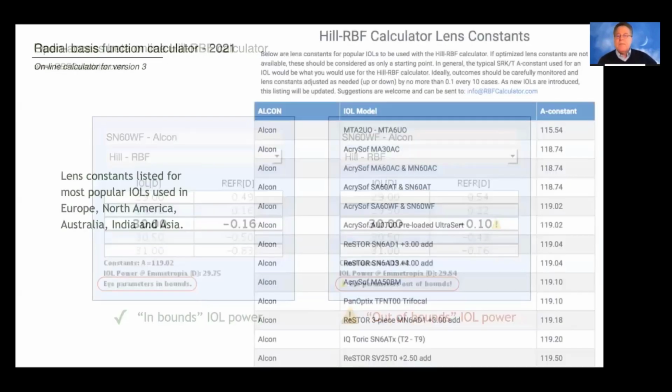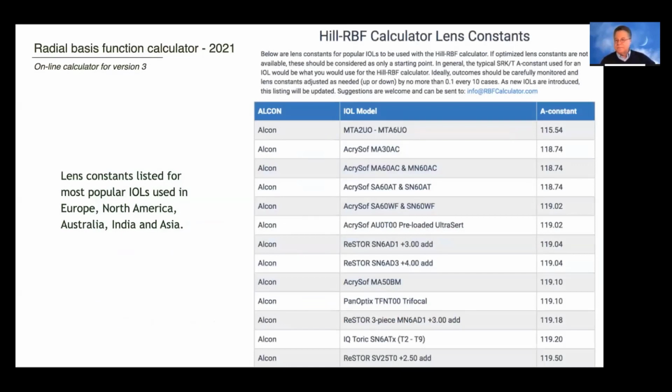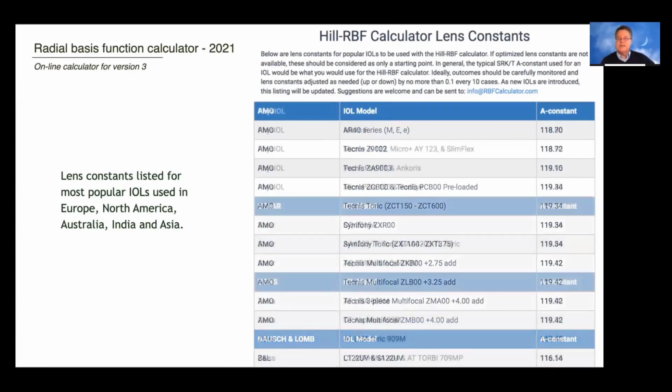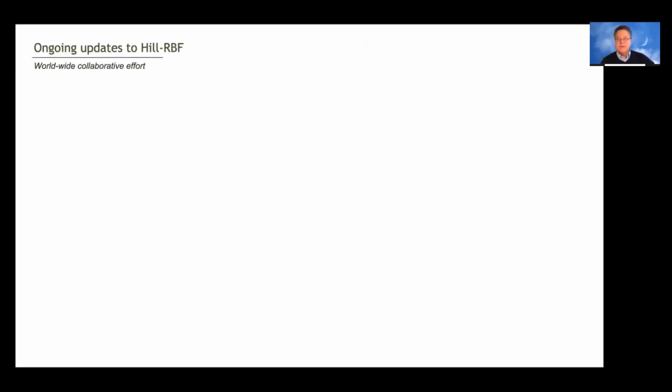Our team has optimized lens constants for most of the popular IOLs used in Europe, North America, Australia, India, and throughout Asia. And you can go to the website and it will give you optimized lens constants for all of these IOLs.